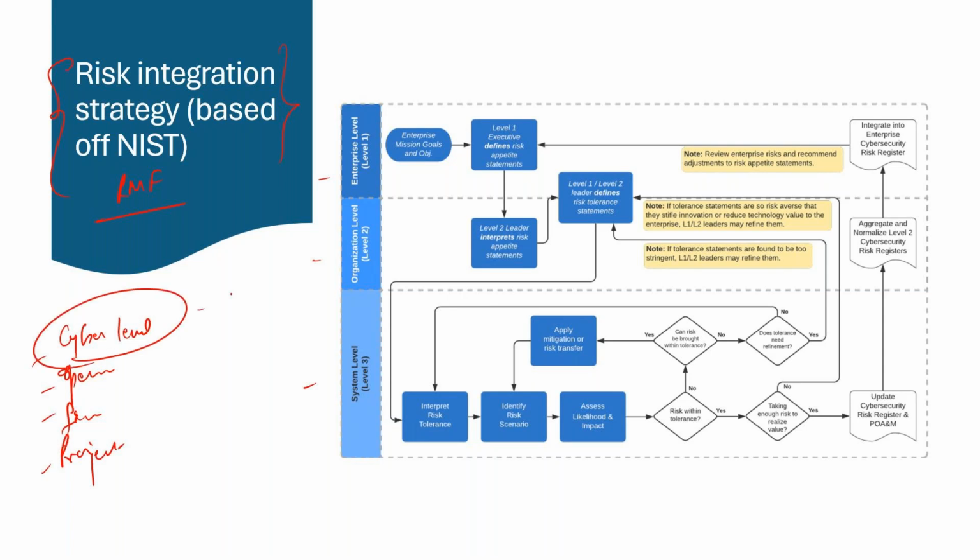So there's something called ERM, which is your enterprise risk management, and that happens on an enterprise level. If you see on the diagram, there are three levels: level 1, level 2, and level 3. Level 1 is over the entire enterprise. It's location agnostic, it's team agnostic, and it would be applicable across the organization.